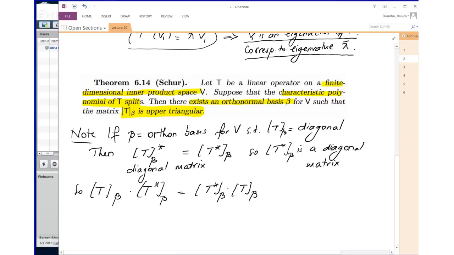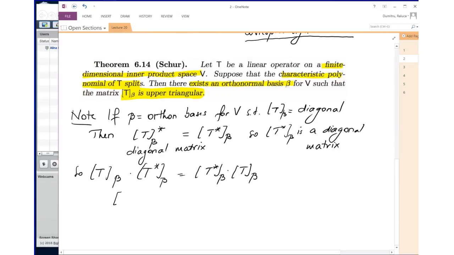The matrix of T and the matrix of T star being diagonal, they commute. The product of two corresponding matrices is just the matrix of the composition. So T T star equals T star T as matrices, but remember that this is enough because then every column is equal, so the two operators would agree on a basis.